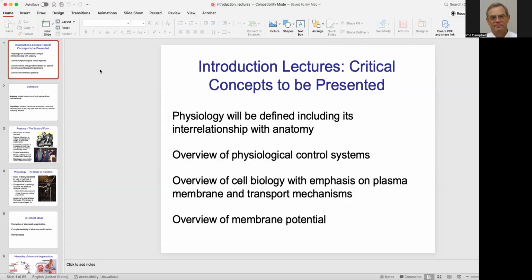And we can't talk about the nervous system unless we understand where membrane potential comes from. Because neural communication, at least the electrical aspects of it, is just the flow of charges across that membrane. And what enables that flow is a membrane potential, a charge difference across that membrane.